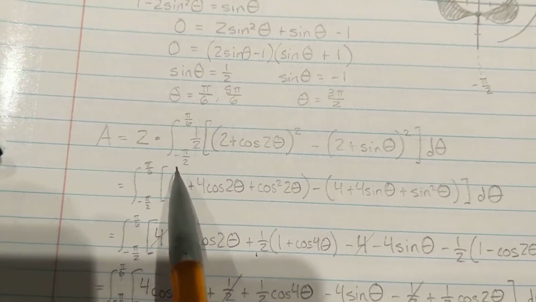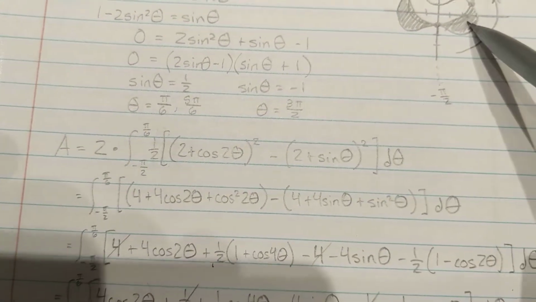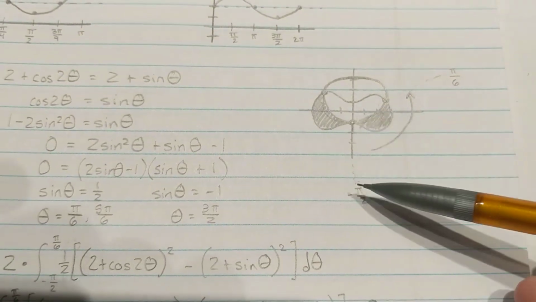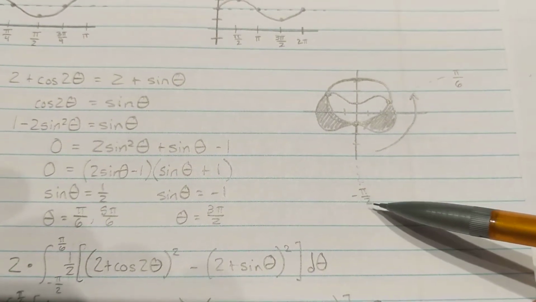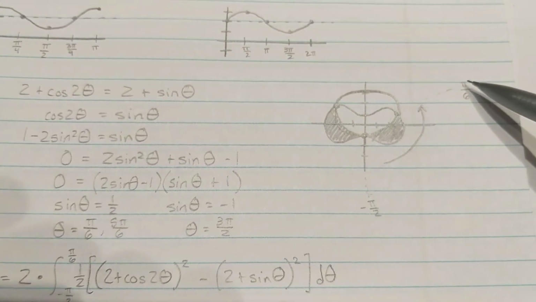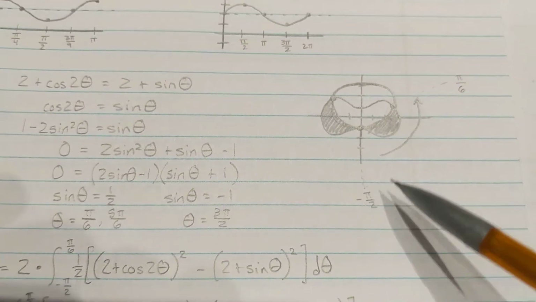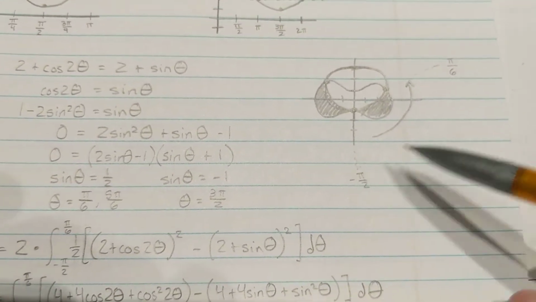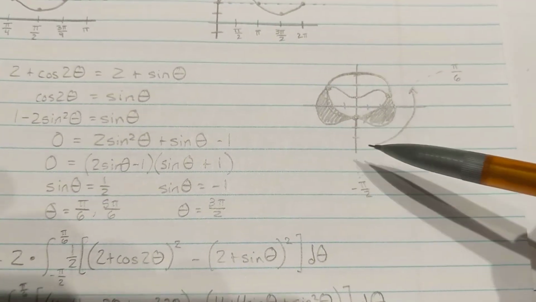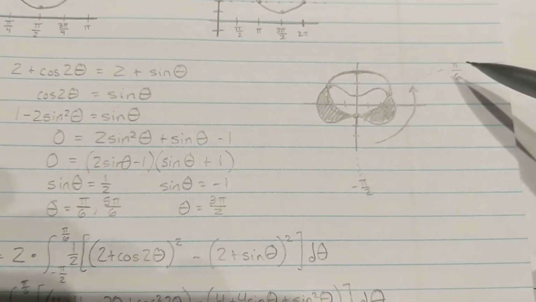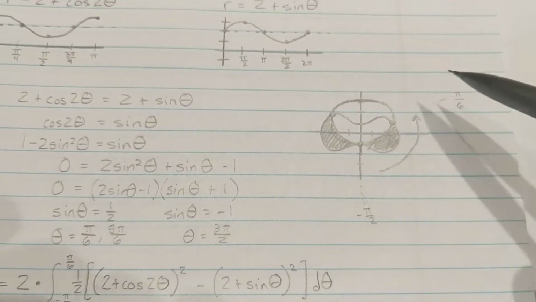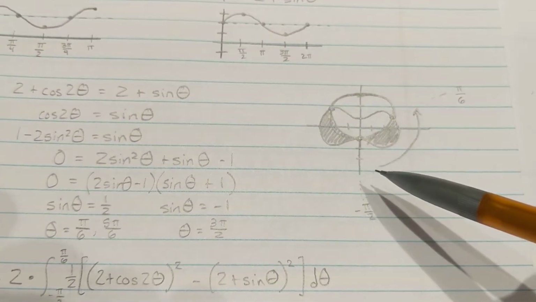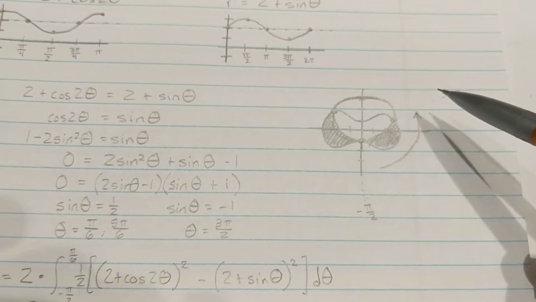Thinking ahead here, since we're doing just this section, we know that this is 3 pi over 2, or minus pi over 2, and this is pi over 6. So we're just doing our bounds from there. The reason this is negative pi over 2 is that if we did, say, 3 pi over 2 to pi over 6, we would actually be looking at this side of the curve, and we don't really want to do that.